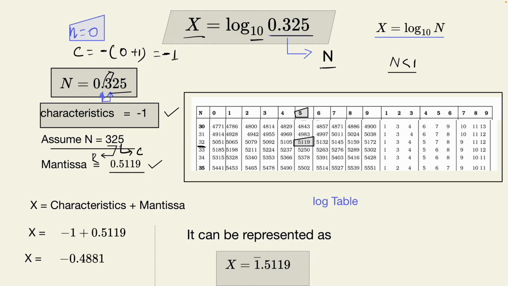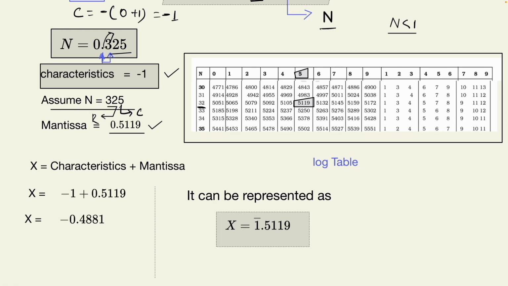So we got the Mantissa, we got the characteristic. We need to simply add both. The characteristic value is minus 1, the Mantissa is 0.5119. If we combine both, it's equal to minus 0.4881. This same thing can also be represented as 1 bar, then decimal, 5119. This bar is actually a representation of minus 1.